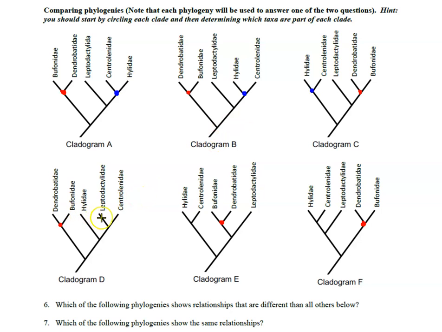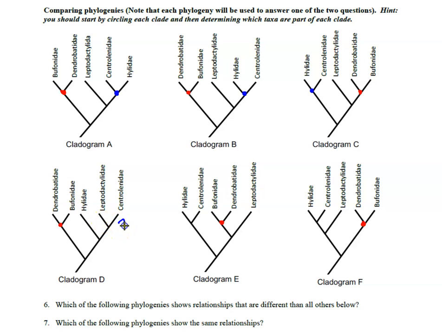How about over here? Wait a minute. C and H are not branched together here, right? Their common ancestor would be back here, and the Leptodactylidae, the L group we'll say, is in a different spot.